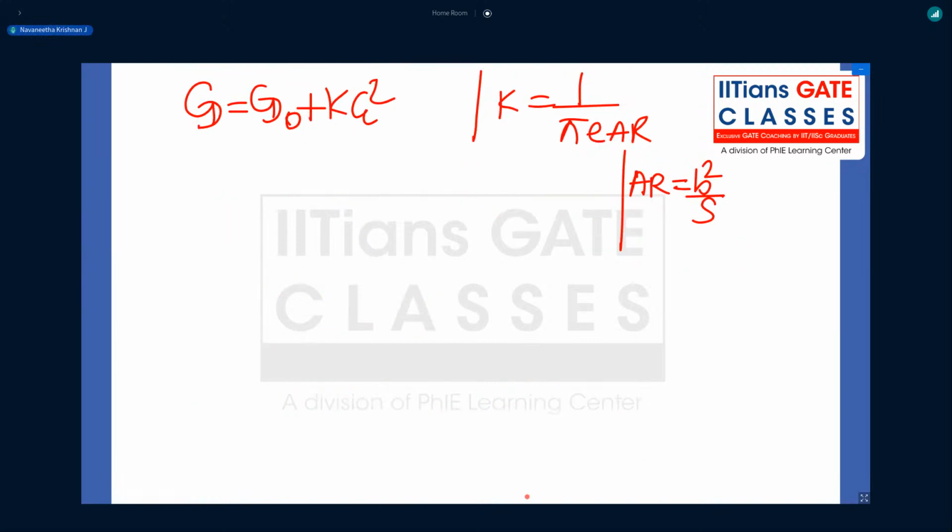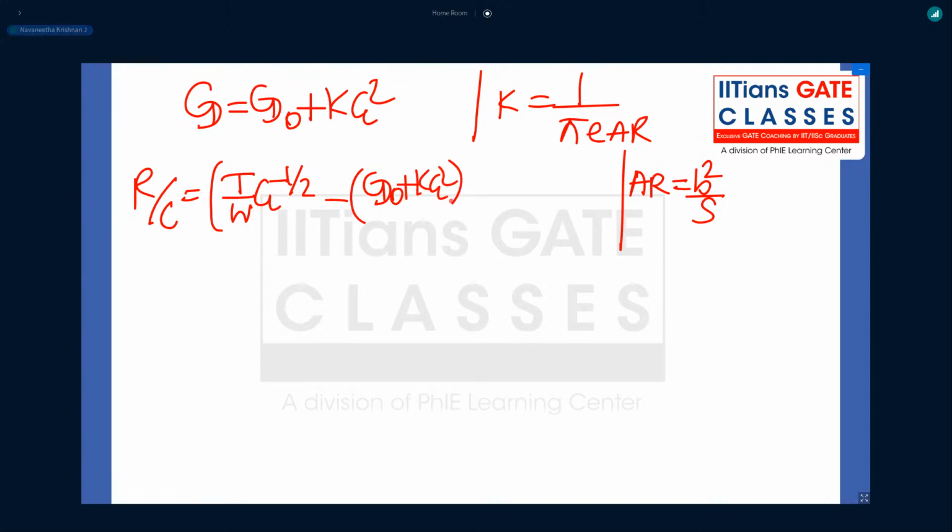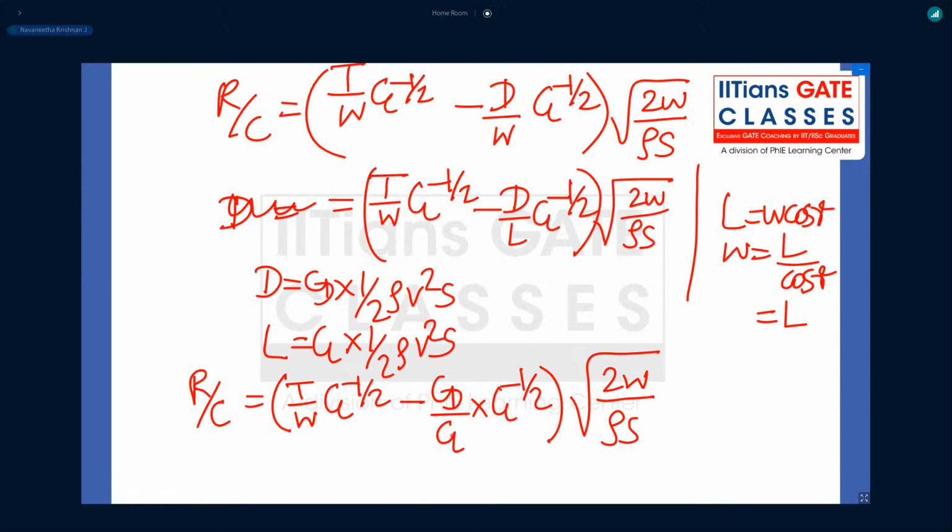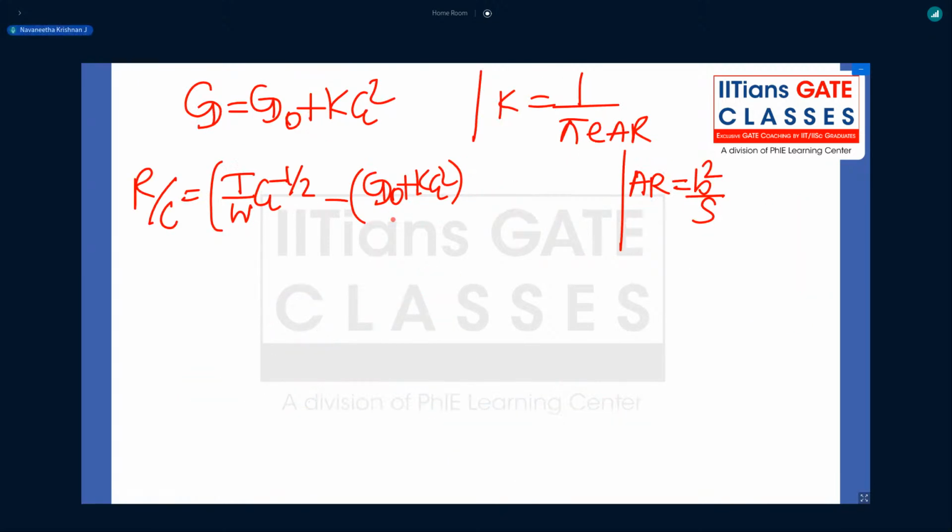So my rate of climb will become thrust by weight CL power minus 1 by 2 minus CD naught plus K CL square by CL into CL power minus 1 by 2 into root of 2W by rho S. Now I multiply this inside throughout.